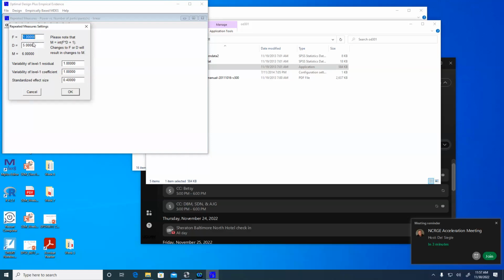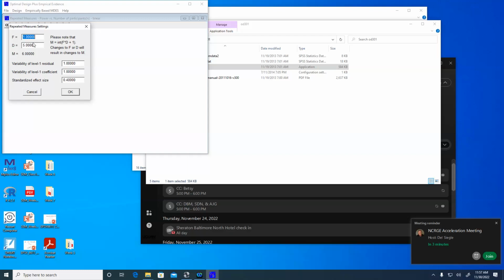whatever it is. And then it is computing the M because it's assumed, look at this, you're measuring people once a year for 5 years, but you're going to have a baseline measure at the beginning. So it's like start, then you measure 5 years. So that's going to be M of 6.